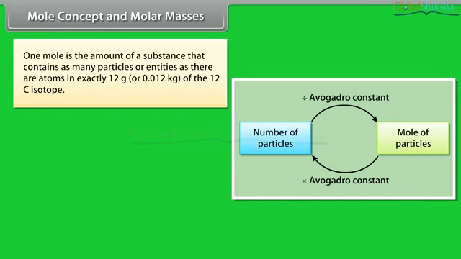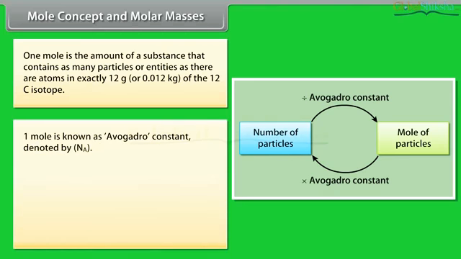Mole concept and molar masses. 1 mole is the amount of a substance that contains as many particles or entities as there are atoms in exactly 12 gram or 0.012 kg of the carbon-12 isotope. 1 mole is known as Avogadro constant, denoted by NA.